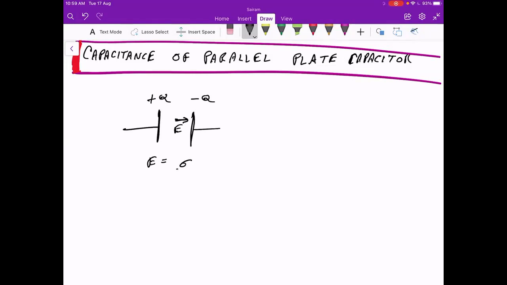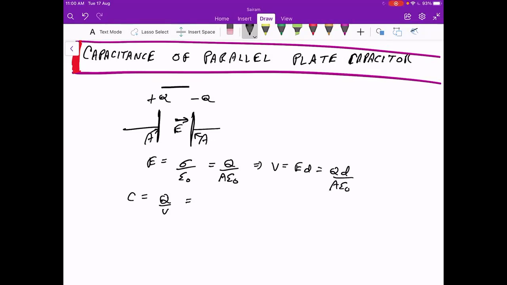E is equal to sigma by epsilon naught, where sigma is charge upon area of plate. Area of plate is A each. So we know C equals Q by V, and this implies V equals E times d, which is Q d by A epsilon naught, where d is the distance.